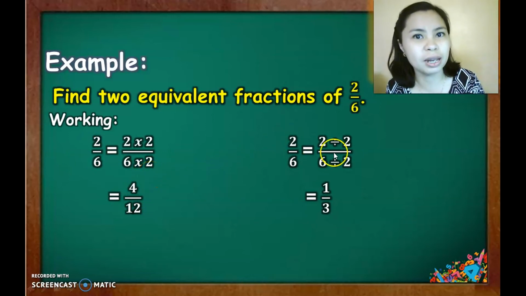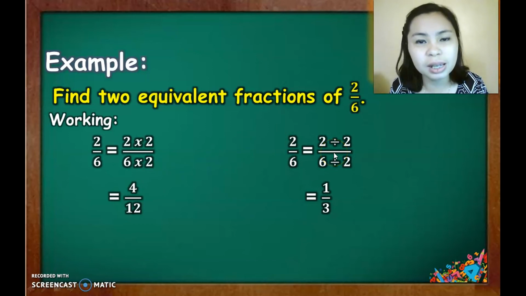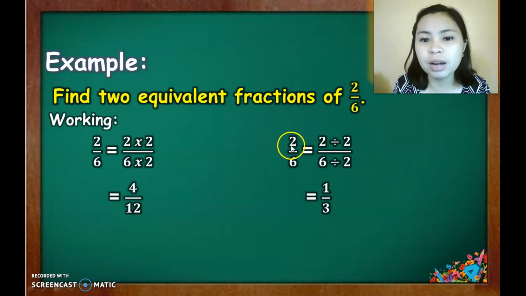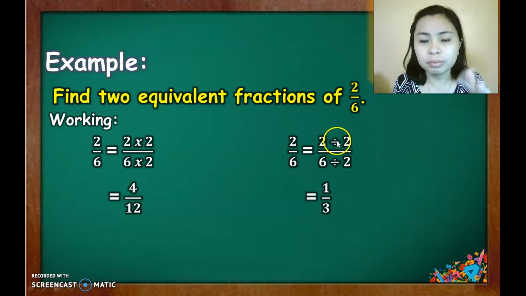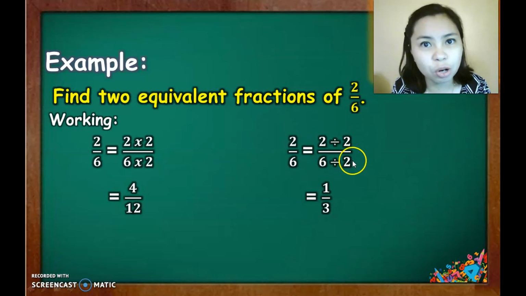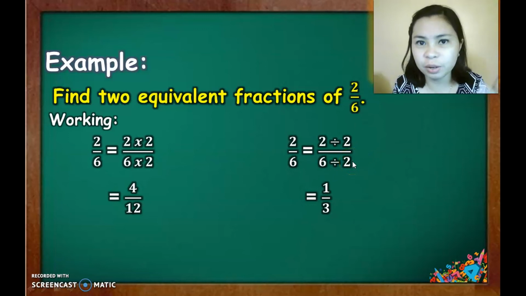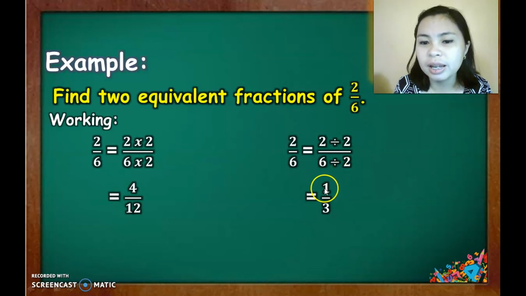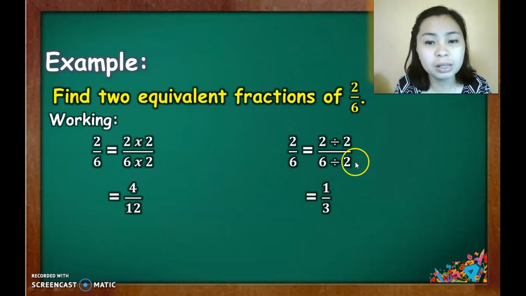How about when we divide? It's the same process, you just change the operation to division. Write the given fraction, 2 over 6 is equal to 2 over 6 divided by a non-zero whole number. 2 divided by 2 equals 1, and 6 divided by 2 is equal to 3.